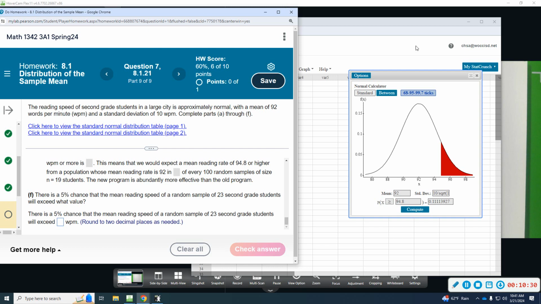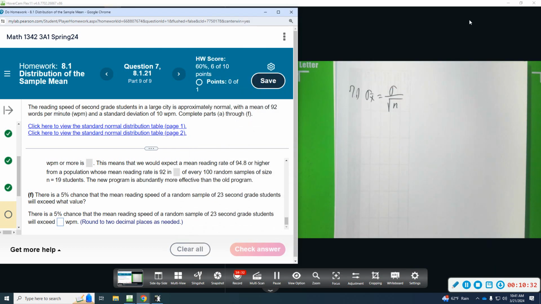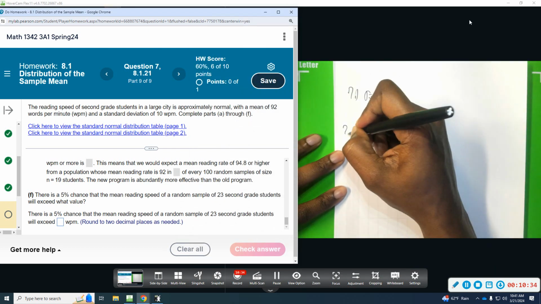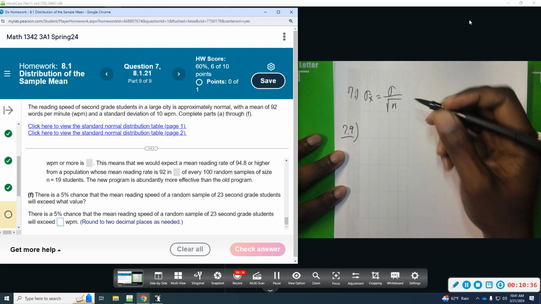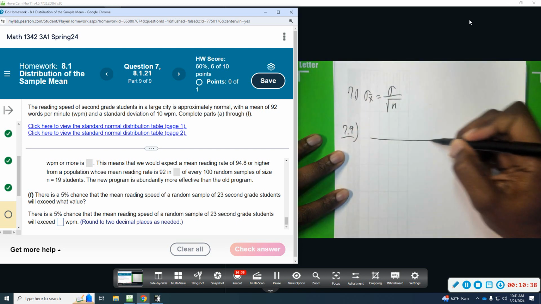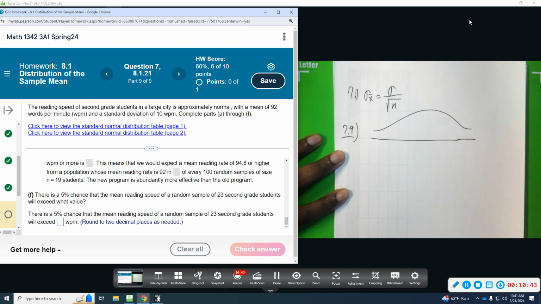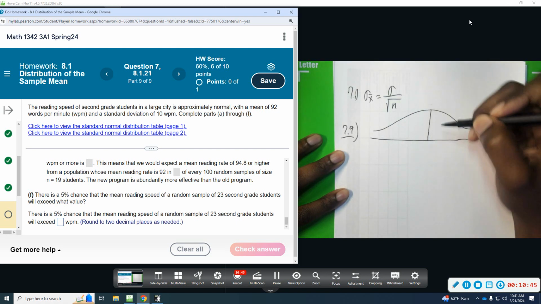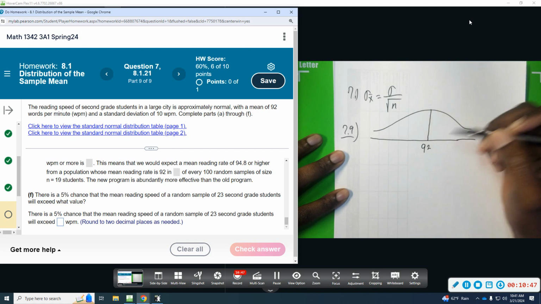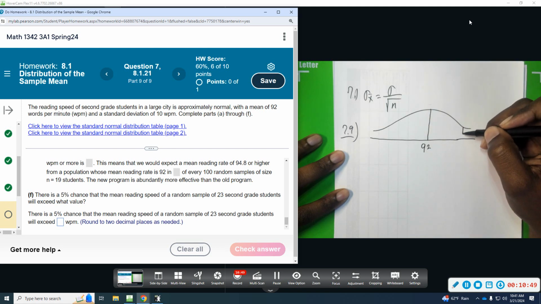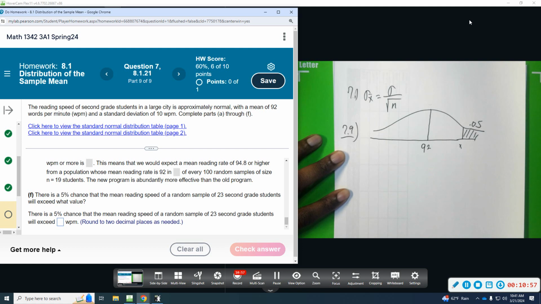So here's what we are looking at now. We're told 5% chance that we will exceed this number. So if my mean is 92 for my regular distribution, I'm looking for some number such that the area over here to the right is 0.05. Okay. So I'm going to work backwards.